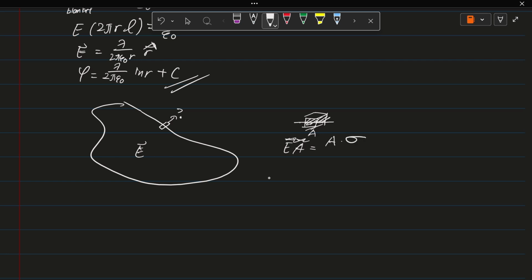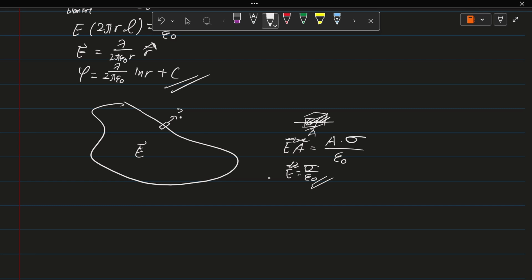It doesn't have to be constant because this is very small, so it would approach a certain number anyway, over epsilon 0. So you would get E to be sigma over epsilon 0. Sorry, this is the electric field for a conductor.